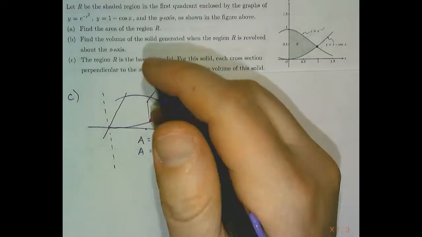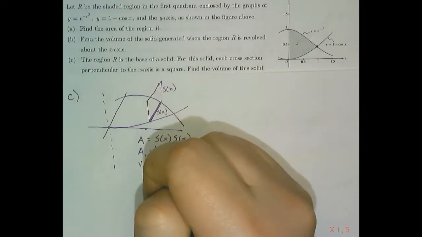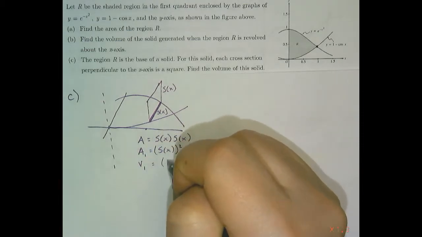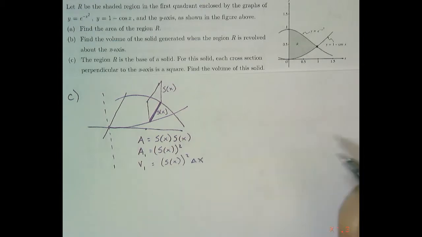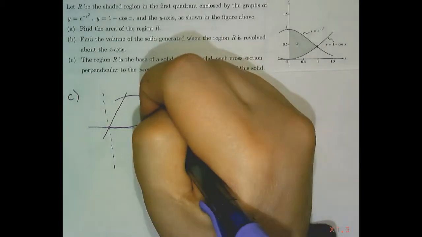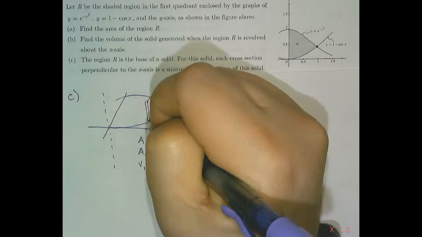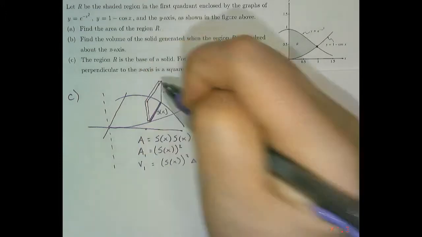If we're going to do the volume of one cross section, the volume of one cross section would be s of x squared times our delta x. And then our delta x is however thick our slice is.